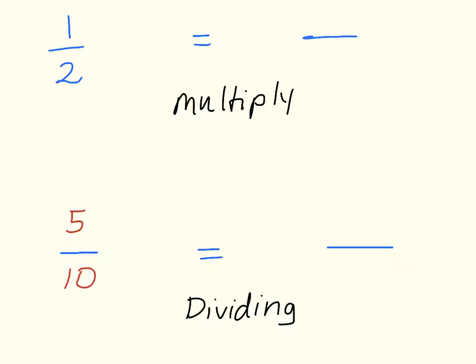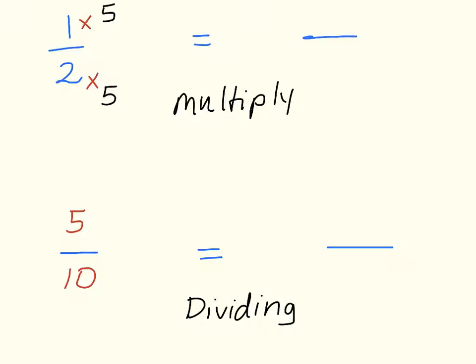To go from large to small, I take a value and I multiply by it. 1 times 5, 2 times 5.